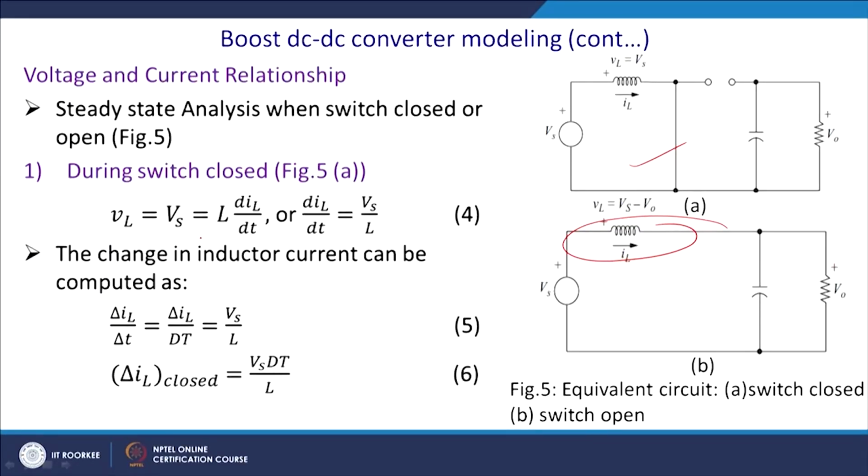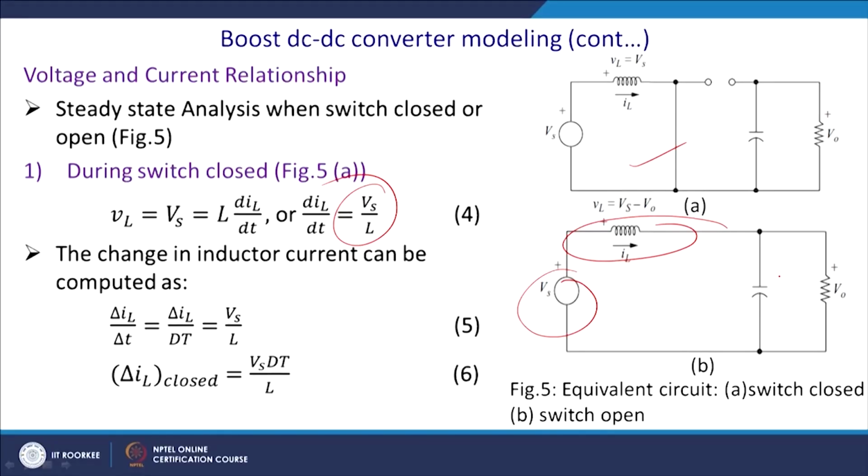So, VL equal to Vs, L di/dt equal to Vs by L. Similarly, when the switch becomes open, the voltage of the source and the voltage across this inductor, assumed to be VL, both will sum up and will charge the capacitor.